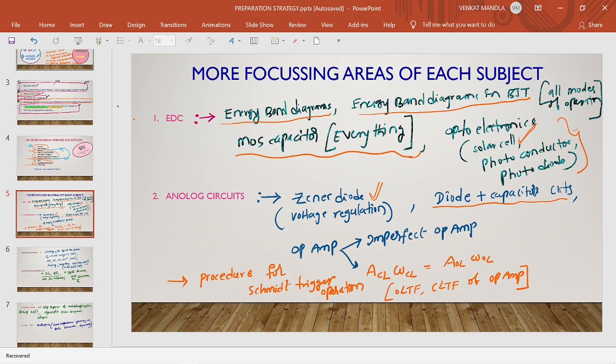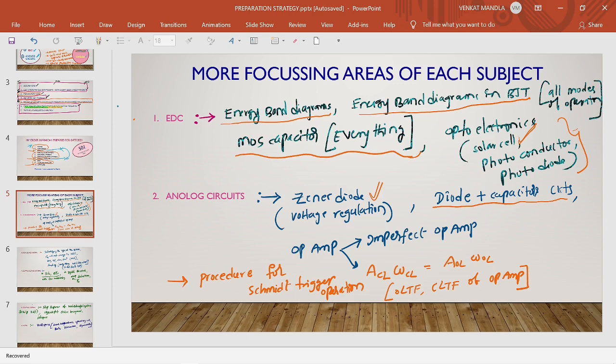Okay, so not just doing the problems from these diode-capacitor circuits, you have to analyze the circuit. That is important. Whatever problem comes, you have to analyze these diode plus capacitor circuits.